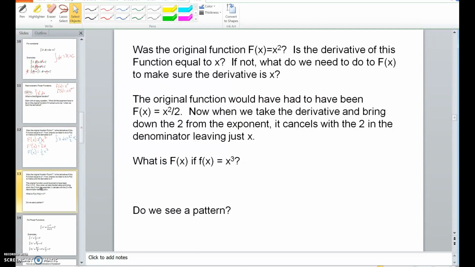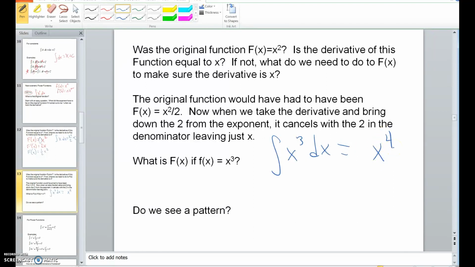Okay, so let's say we were trying to do this problem. What's the antiderivative of x cubed dx? I'll give you a second to see if you can figure that out. Okay, when you do this, I know that the antiderivative has to be to the 4th power.